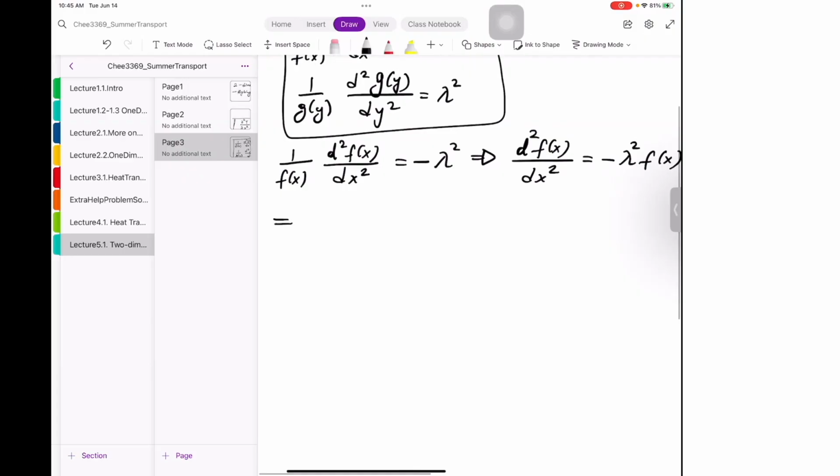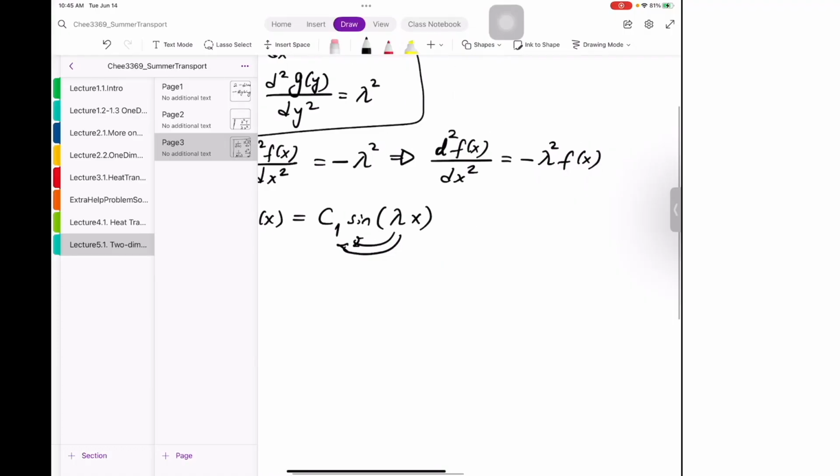So from here, f of x must be equal to c1, some constant, times sine of lambda x. Lambda because when you take the double derivative, you are going to have two lambdas coming out, and that's going to account for the lambda squared.